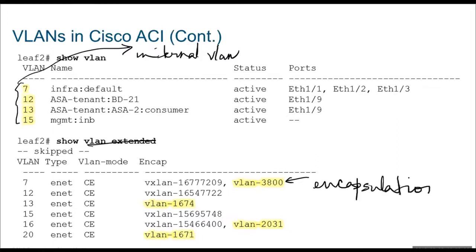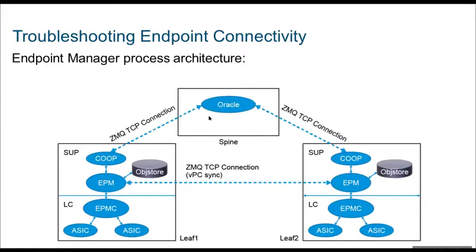When you go into the line cards, you can actually run shell commands. You can see the flood domain VLAN and other values, platform independent VLAN. Those are the values that get translated into. The endpoints themselves, we're going to see how it's learned into the database. Remember, this is your entire switch.